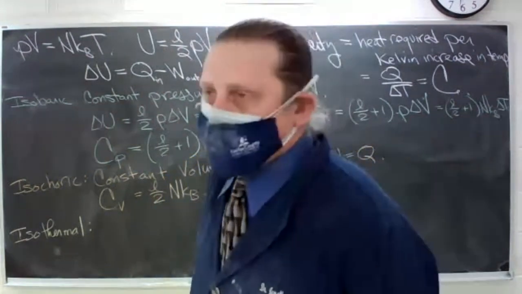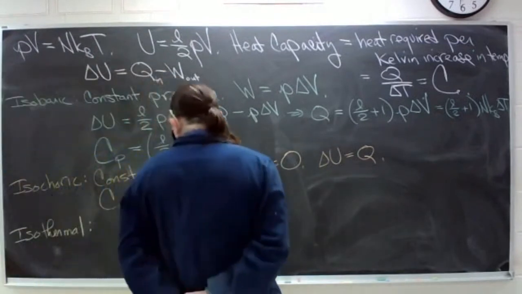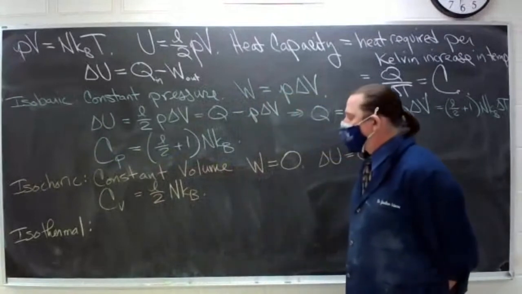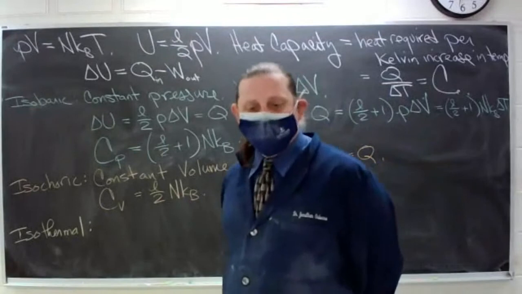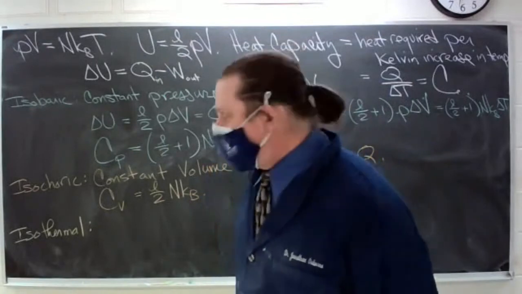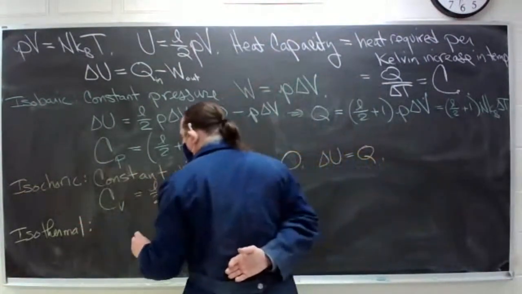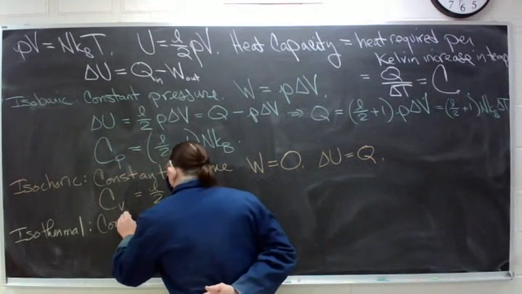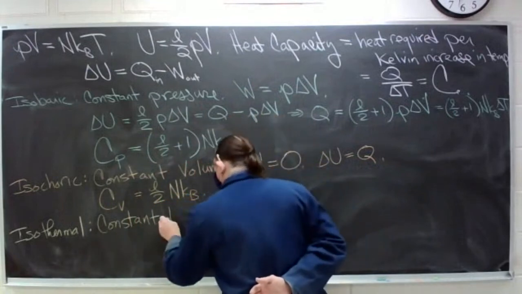But usually I've heard processes referred to as isothermal instead of isothermic. So we'll see. All right? I never think to look it up when I'm not in the middle of explaining it to people. So anyway, all right. An isothermal process is a process that takes place at constant temperature.